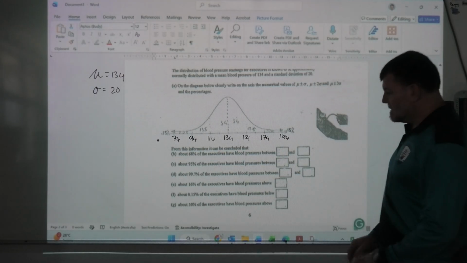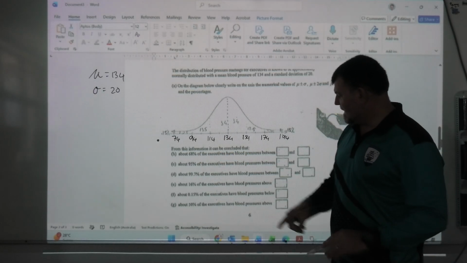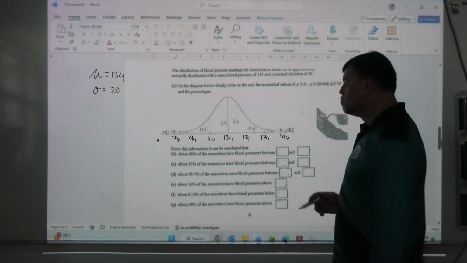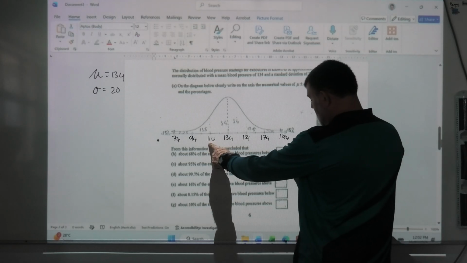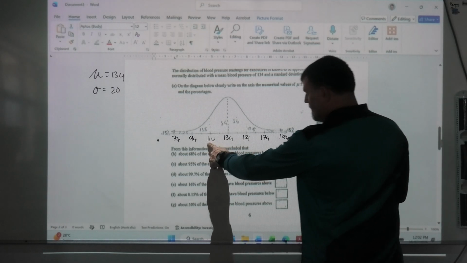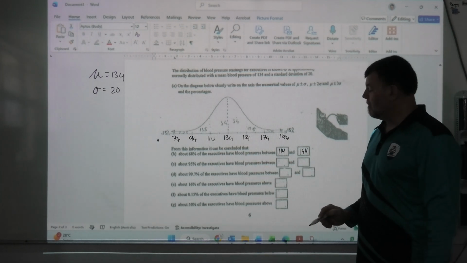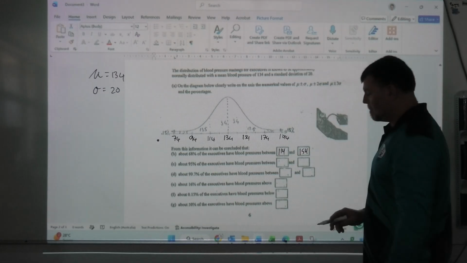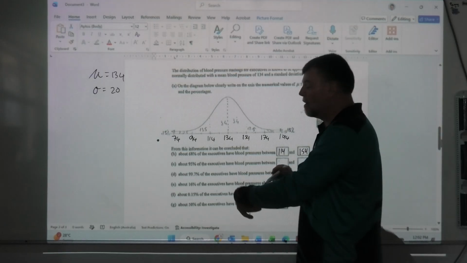It says, from this information it was concluded that about 68% of the executives have blood pressures between. Remember, 68% was one deviation away from the mean on either side. So this will be the left-hand side, 114, and this will be the right-hand side, 154. About 95% of the executives have blood pressures between. Now the 95 was 2 deviations away from the mean on either side.